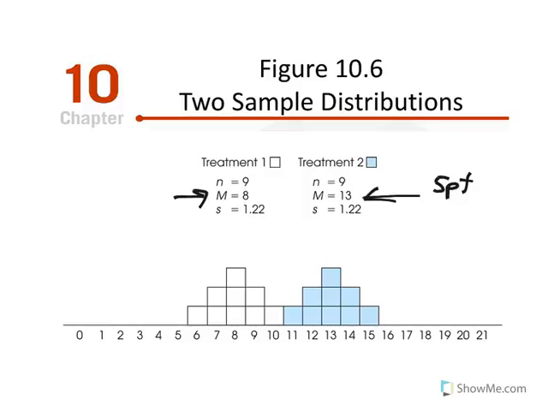The frequency distribution in this figure also shows a clear difference between the two distributions. The scores for treatment 2, those in blue, are clearly higher than the scores for treatment 1 in white. We see these distinct normal distributions for each treatment condition, and they don't overlap, and they are distinctly different from each other.